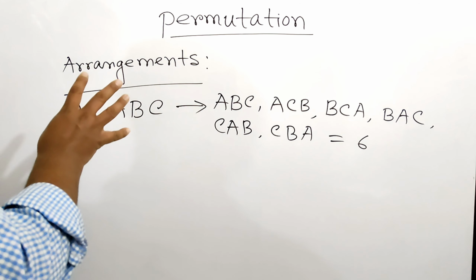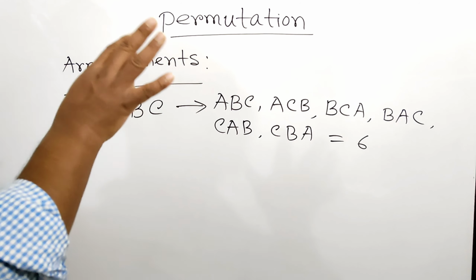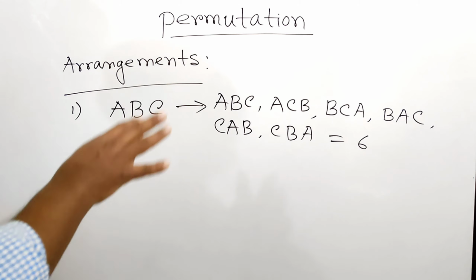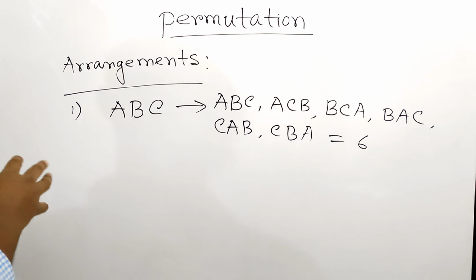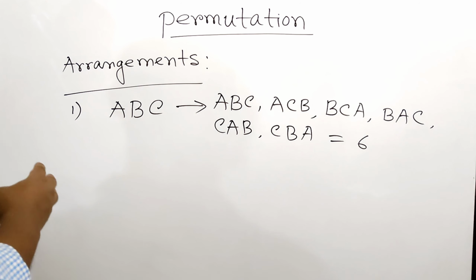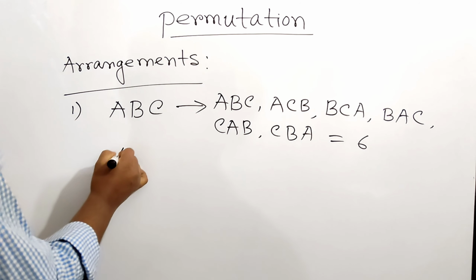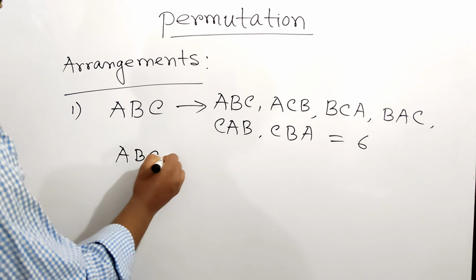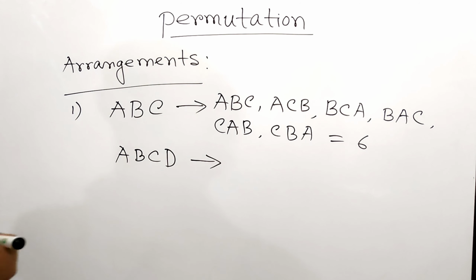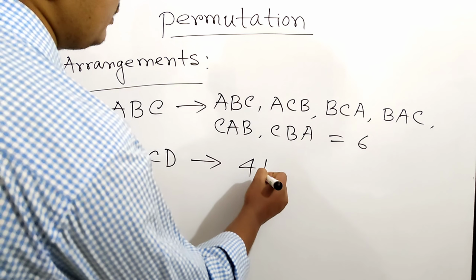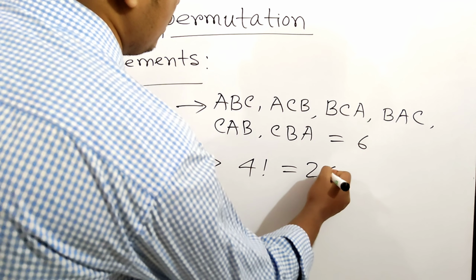It will be so difficult to arrange these 4 letters one by one, but if you know the formula, if you know factorials, then you can find the number of arrangements quite easily. Suppose the letters are A, B, C, D, then how many ways can you arrange these 4 letters? Simply that is 4 factorial, that means 24.